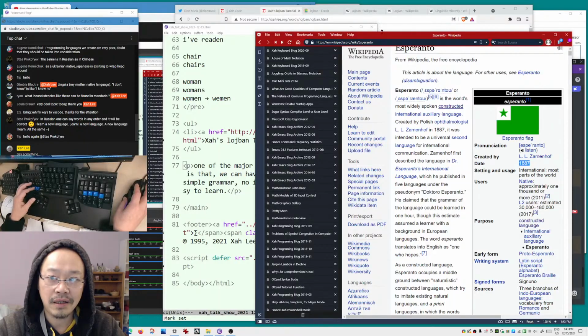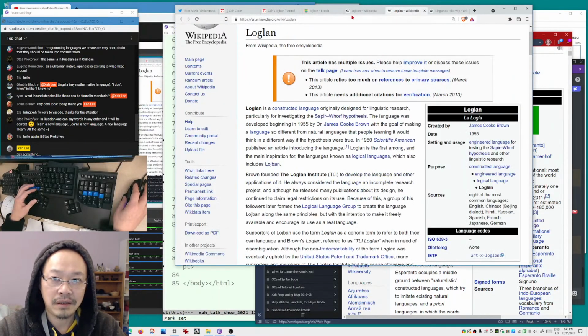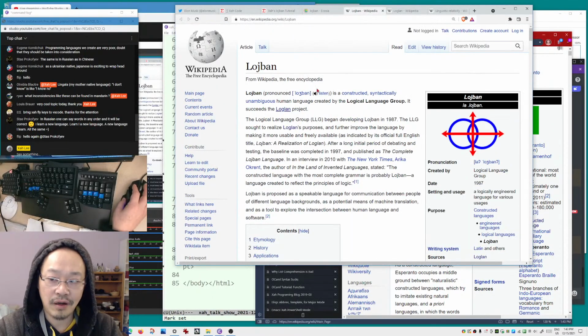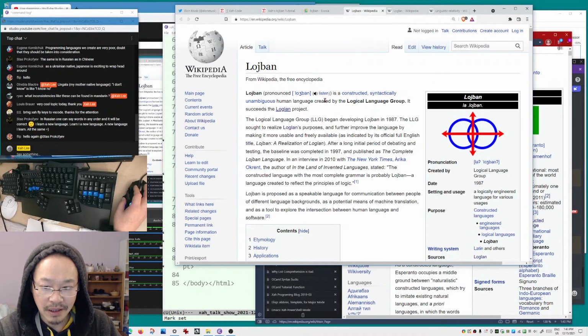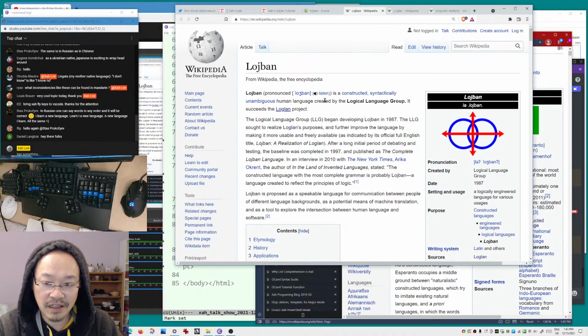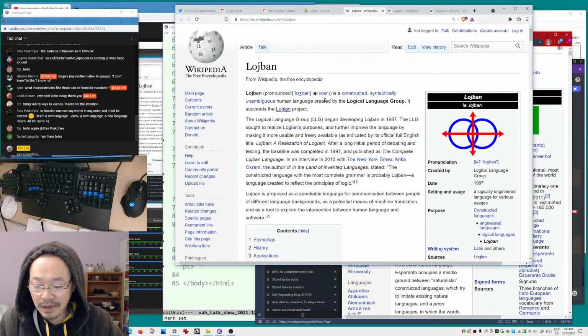On the other hand, the Lojban or Loglan vocabulary is not Western centric. Okay, it's based on like 10 or so of the most popular languages, kind of a random mix.